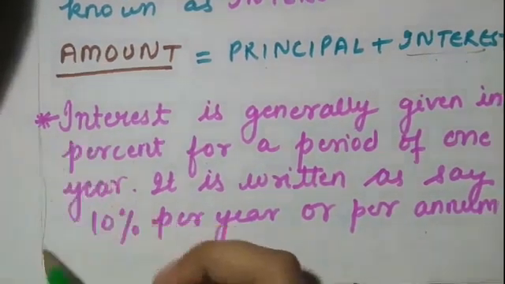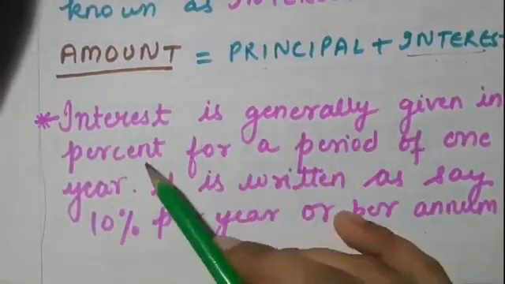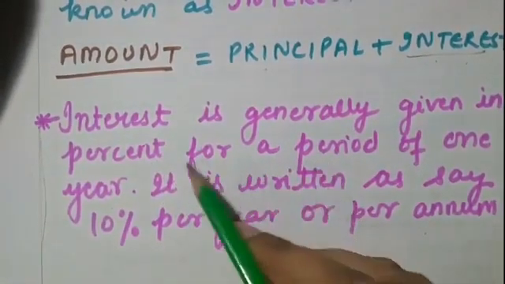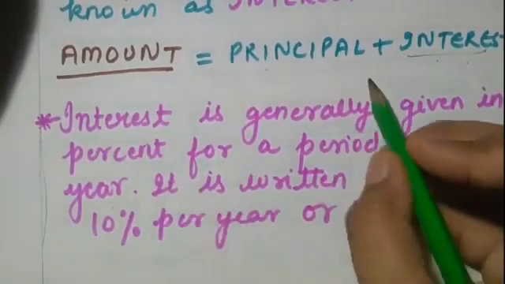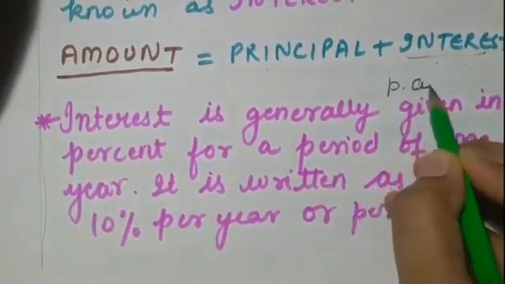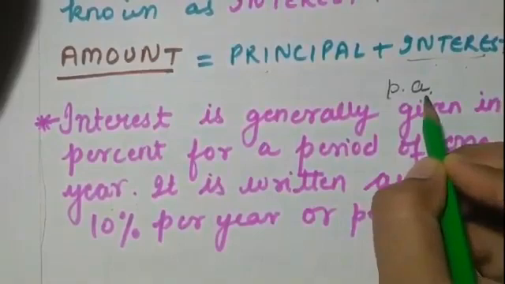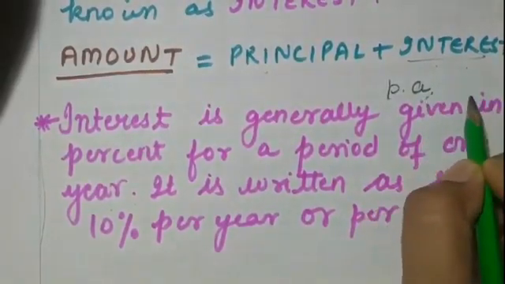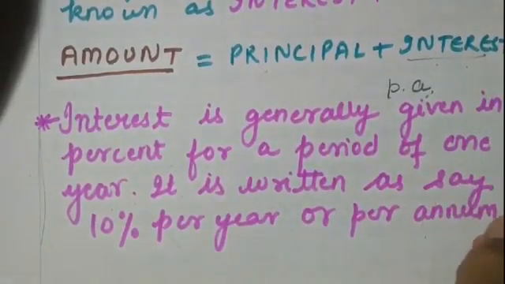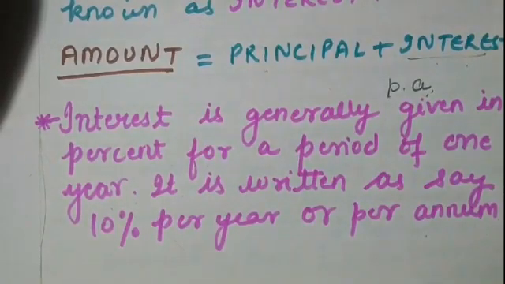Simply, this statement means interest is generally given in percent for a period of 1 year. Here, per annum means per year. So interest is always given for a period of 1 year. This is written in this statement.